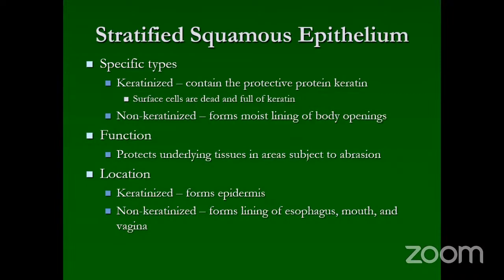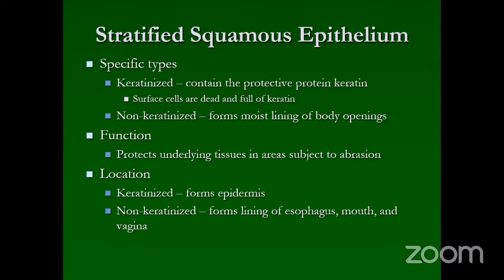Whereas non-keratinized cells are usually seen in the moist lining of the body openings, right? The function of this stratified squamous epithelium is to protect the underlying tissue in areas subjected to abrasion. So abrasion is like scratching or damage, right?